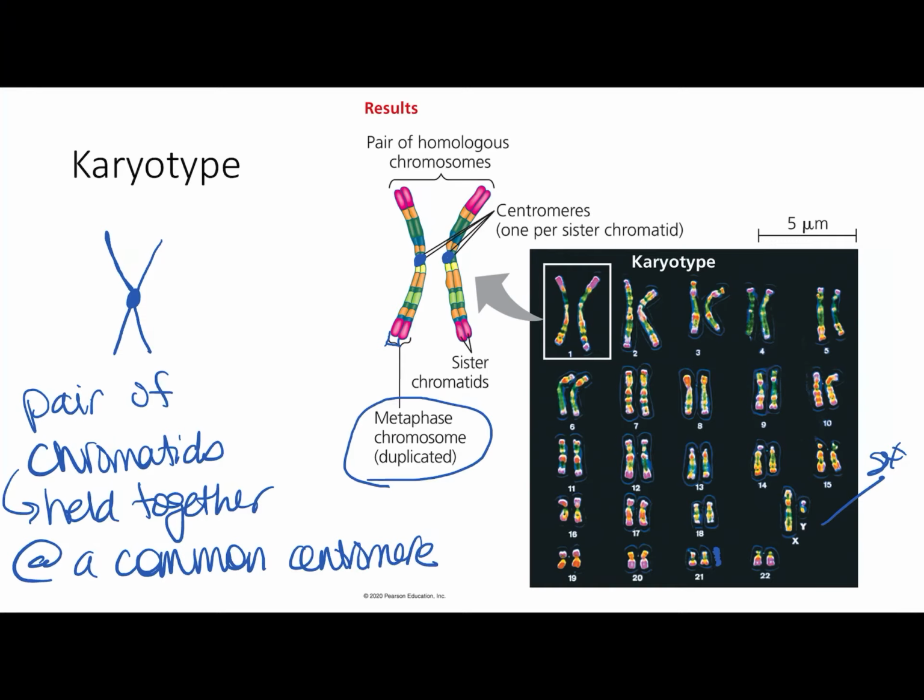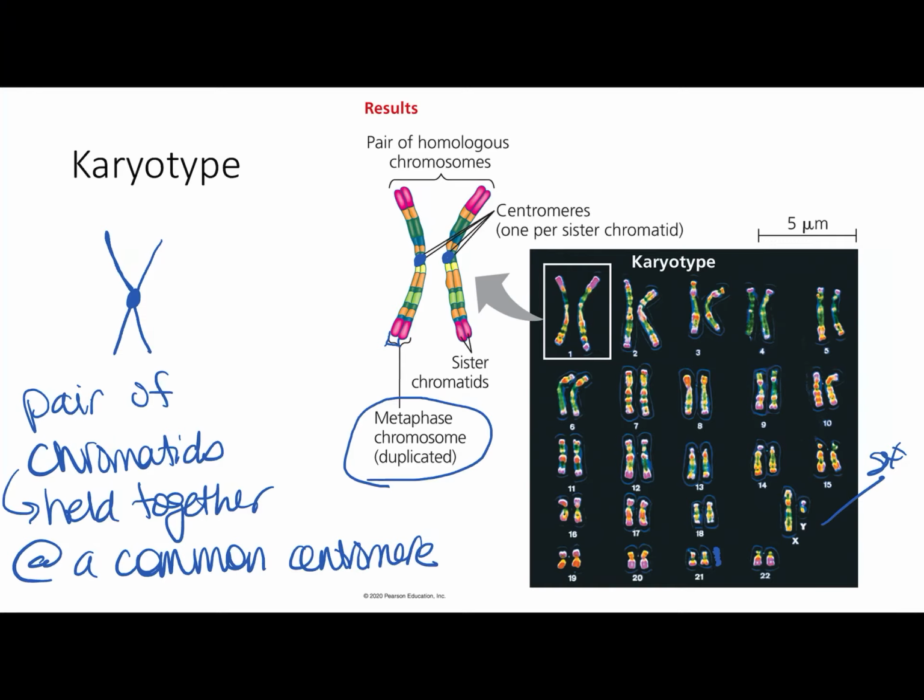Karyotypes allow geneticists to see if different chromosomes may have missing parts, if there are missing chromosomes altogether, or extra chromosomes. And then these colors are when the chromosomes are stained with different compounds that allow the geneticist to view specific things about them.